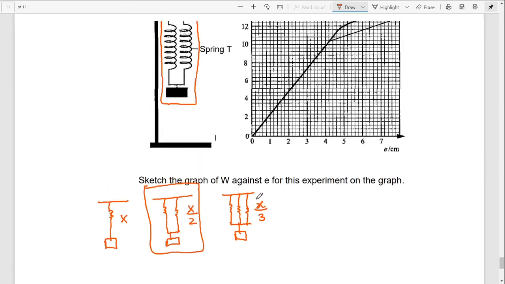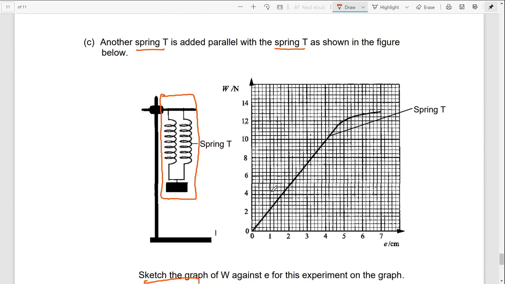Now suppose just now we have seen when W is 10, the weight is 10, the extension is 4, right? So the original extension is 4, correct? But if I put another spring with this arrangement, what happened to this extension? It will become half.